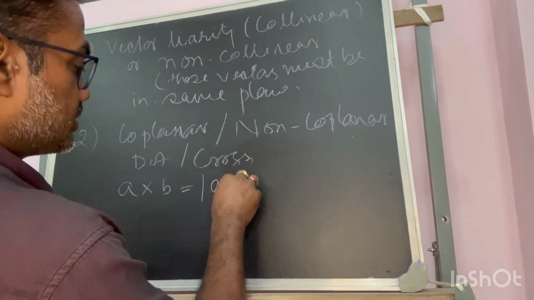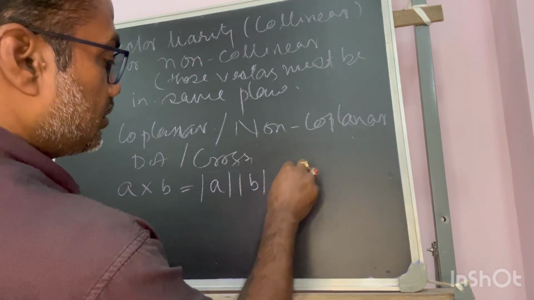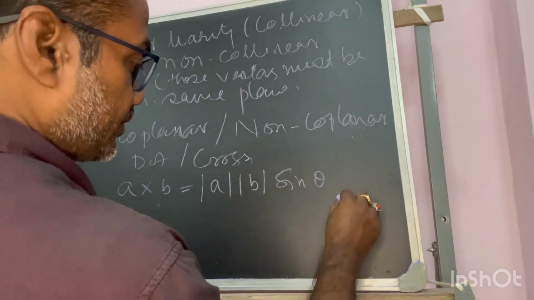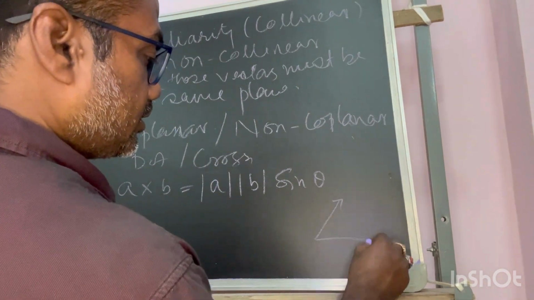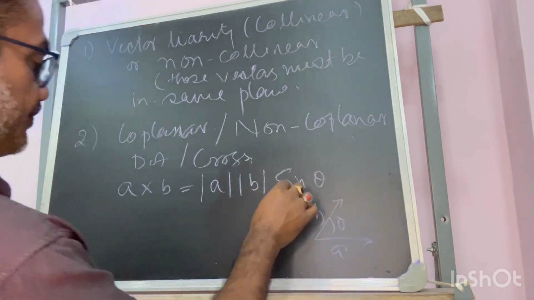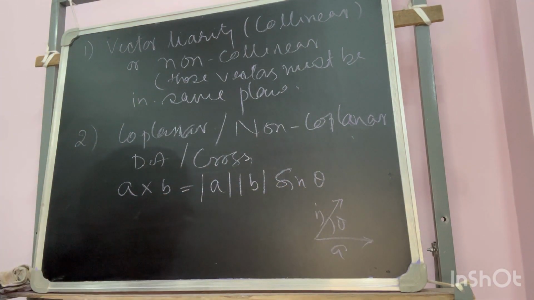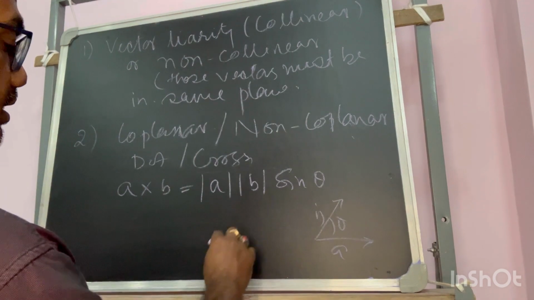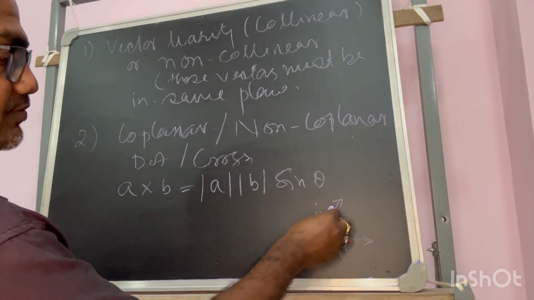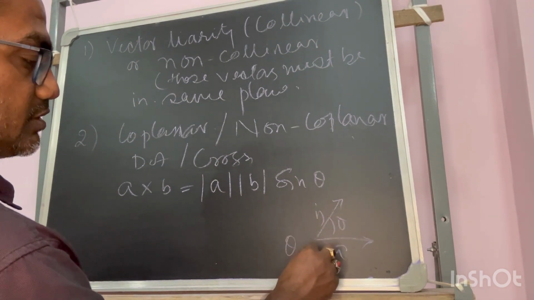The cross product follows a similar form, but with sin theta. If I take any two vectors A and B with angle theta, the cross product has to follow this, and for collinearity, the vectors lie along each other, that means theta is equal to 0.